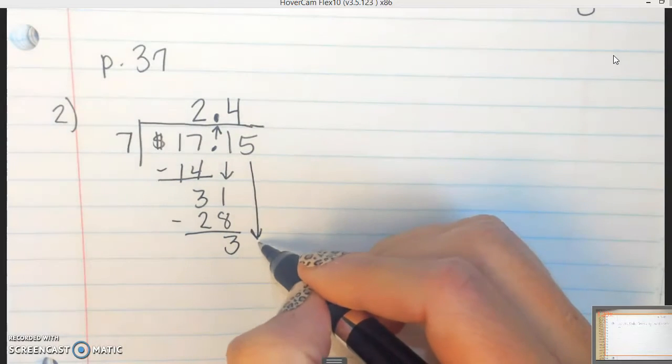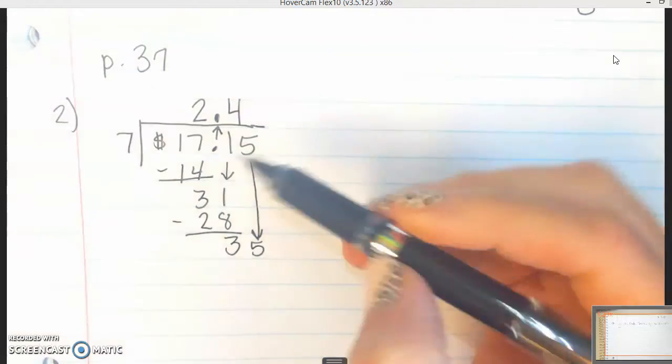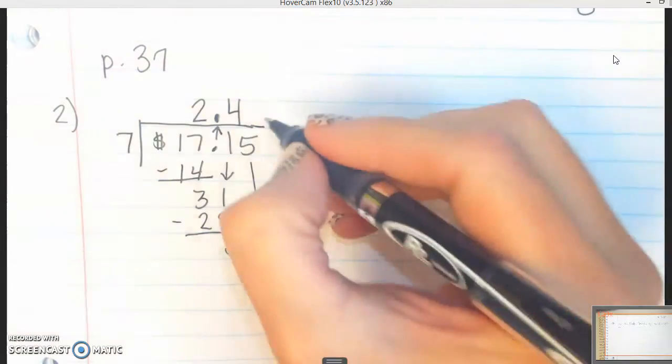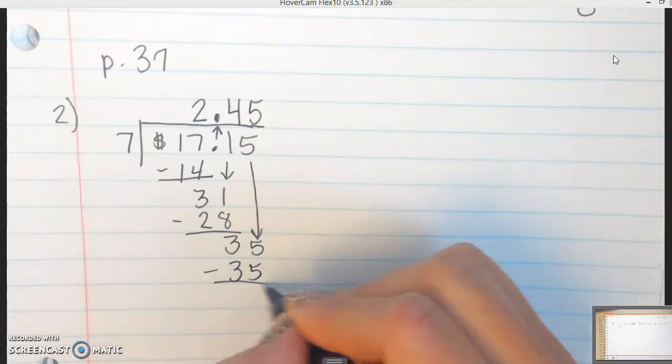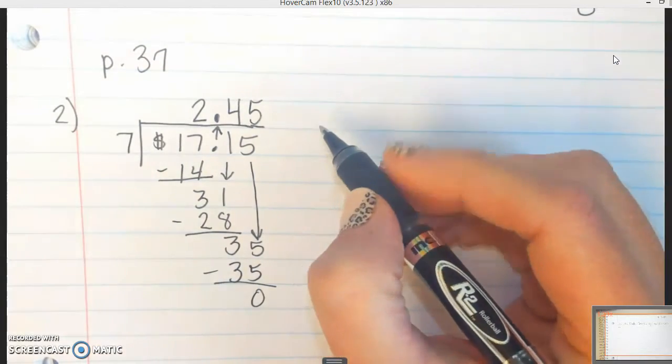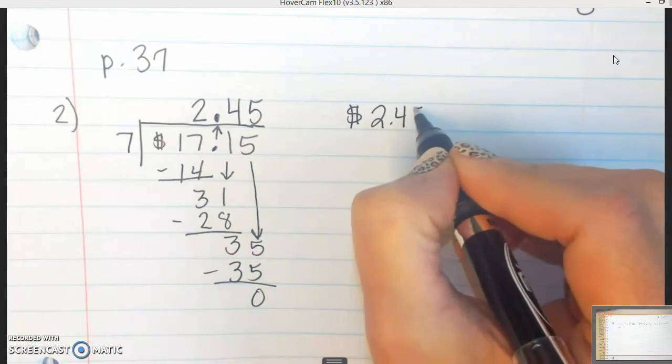And bring down the next number. How many times will 7 go into 35? 5 times, which gives me 35. So when I get my answer, we get $2.45.